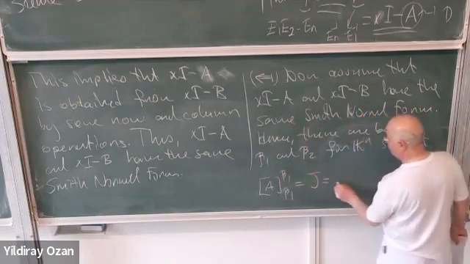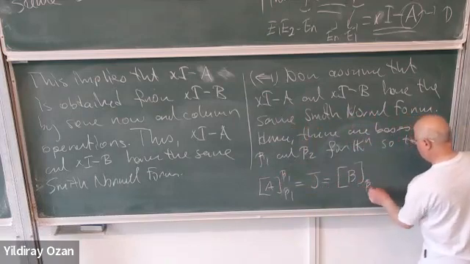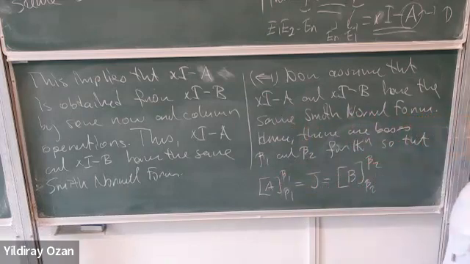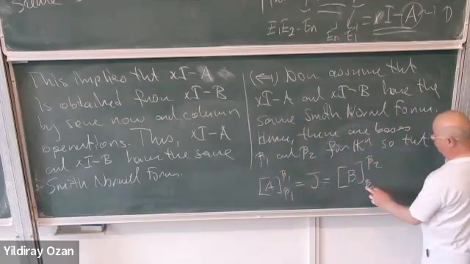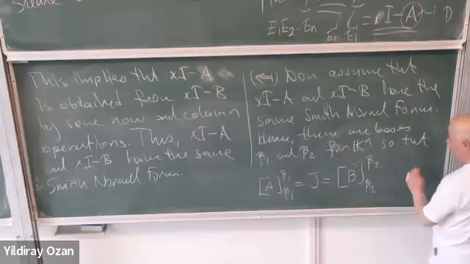This has some Jordan form, and that is equal to the Jordan form of B. In other words, the matrix representation of B in some other basis.